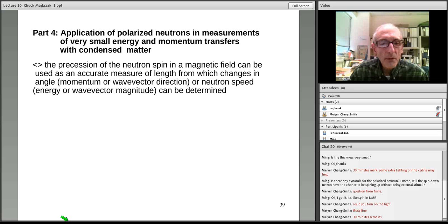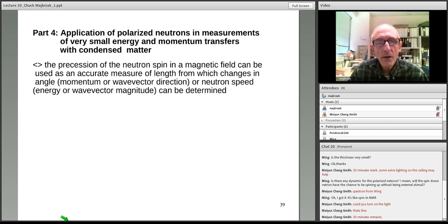But now polarized neutrons can also be used to measure some other quantities, namely the very small wave vector transfers, very small scattering angles, or as Professor Dieter Richter talked about, measuring very small energy transfers. Since he probably concentrated on energy transfers, I haven't had time to look at his lecture yet, but I will.